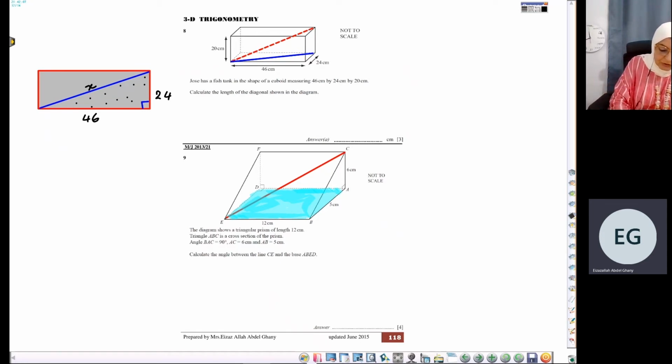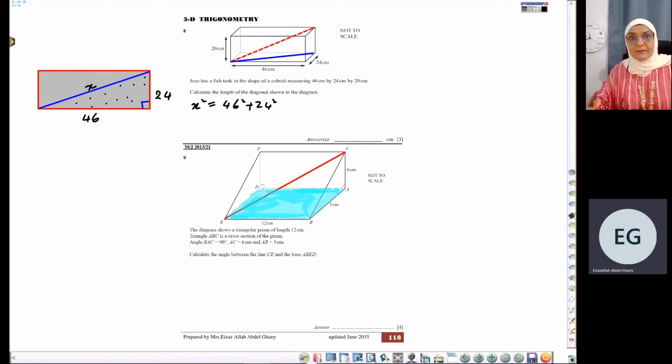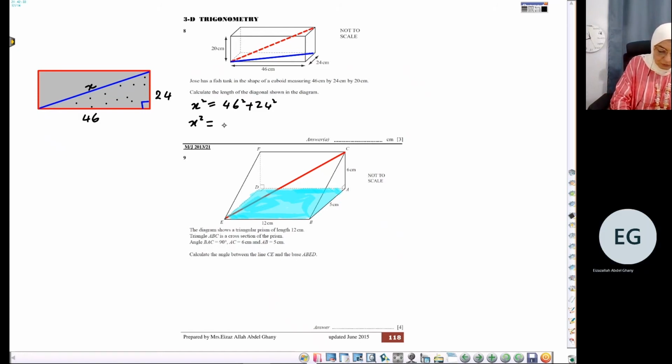Now because a rectangle, of course, has right angles, we can use Pythagoras easily. X squared is equal to 46 squared plus 24 squared. Calculators, all of you work with me. 46 squared plus 24 squared is equal to 2692. X is square root of 2692.